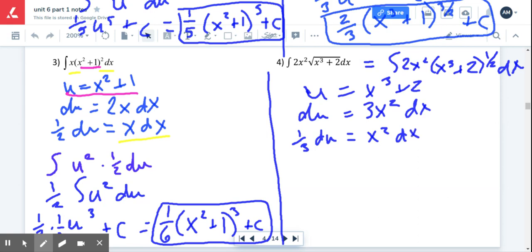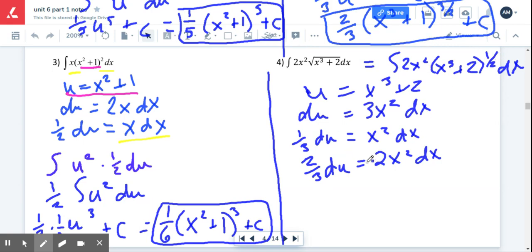And then similarly, if we want a 2, what I'll do right now is multiply both sides by 2. So now I have exactly what I want. I have 2x squared dx, and up here I've got 2x squared dx, and then I've got u to the 1/2 power. So that all works out really nicely.